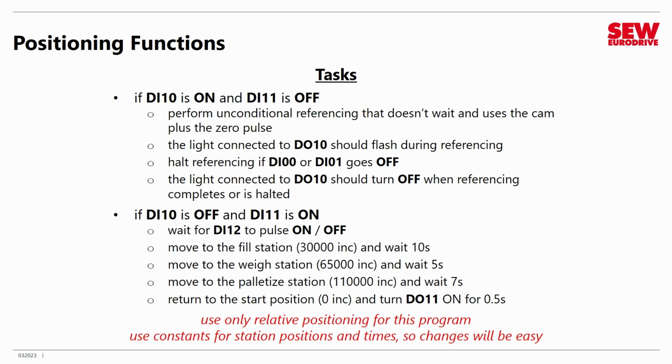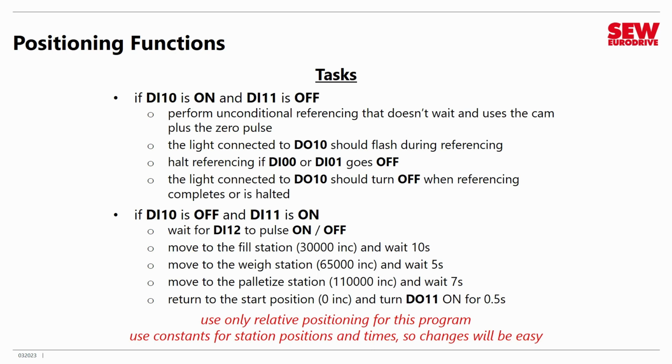Move to the palletized station, which is at 110,000 increments, and wait 7 seconds. Return to the start position, which is at 0 increments. Turn DO11 on, and you can just turn it on for half a second and then turn it off. Use only relative positioning for this program, and I would like you to use constants for all the positions and times so you could change your application easily.